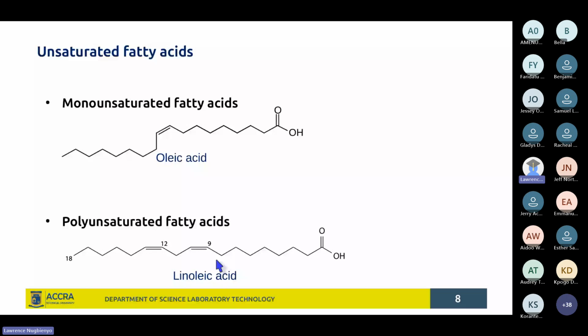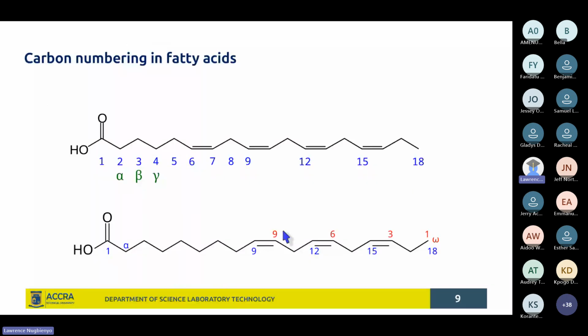Now, you also want to remind yourself of the numbering of the carbons in the fatty acids. We see the structure above. The carbons are numbered from 1 up to 18.